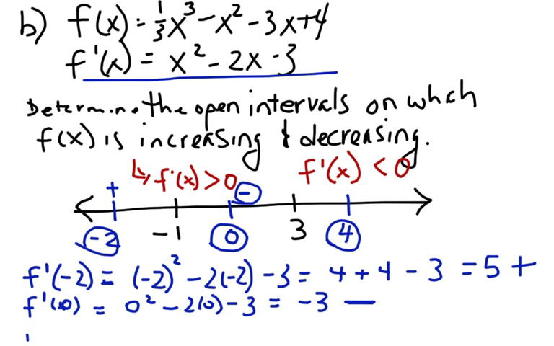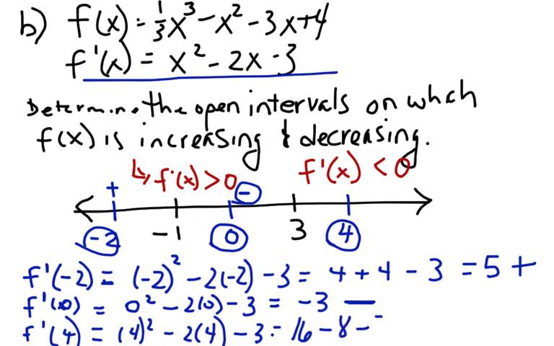Lastly, f prime of 4 is equal to 4 squared minus 2 times 4 minus 3, which is 16 minus 8 minus 3, which is 5. And that's going to be, again, a positive quantity. Okay?